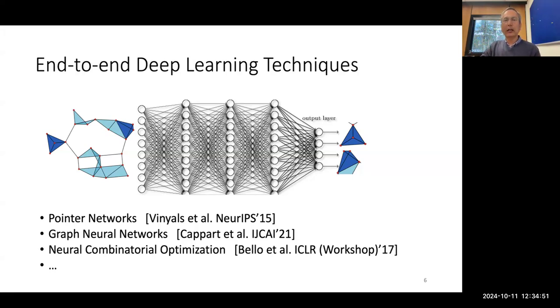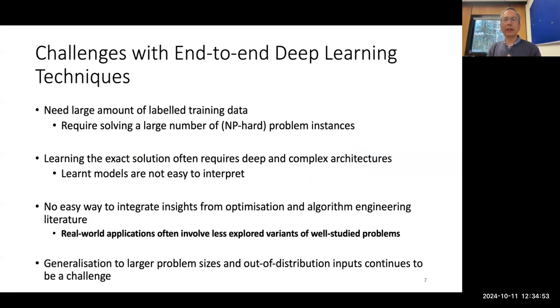The problems with this kind of approach are, first of all, most of these techniques need a large amount of labeled training data. For these NP-hard problem instances, this means that you need to solve a large number of problems to optimality to be able to generate that kind of labeled training data. The other issue is that learning the exact solution often requires deep and complex architectures.